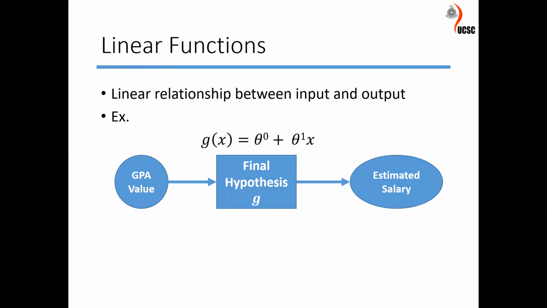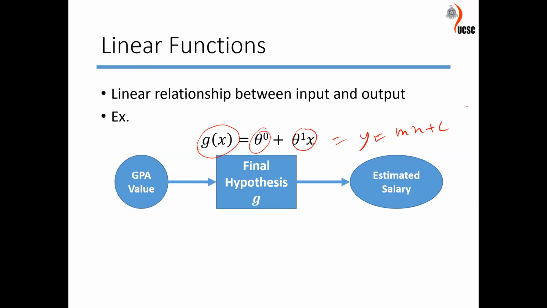So when you consider this function, suppose this is our function that gives the relationship between our GPA and the salary. We can write it as something like this. This is the same as y equals mx plus c. You know these things.